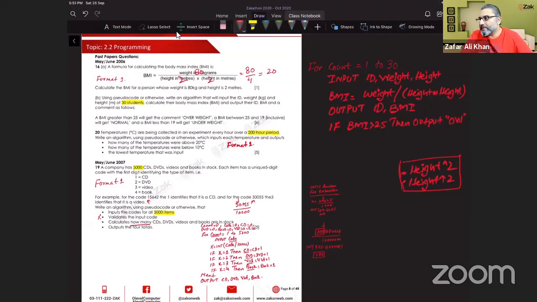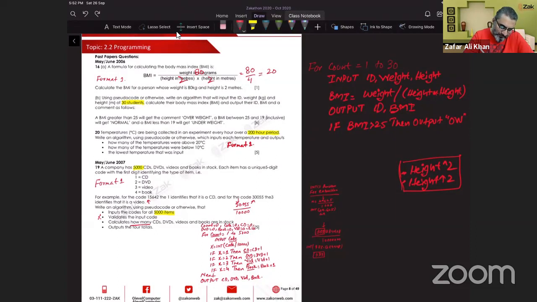Do not write overweight this way, rather write as it is given in the question, overweight, but in double quotation. Remember, this is a string that you are going to output. This is an output with decision.